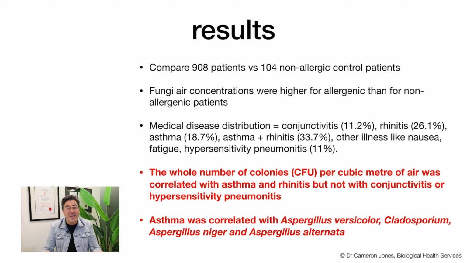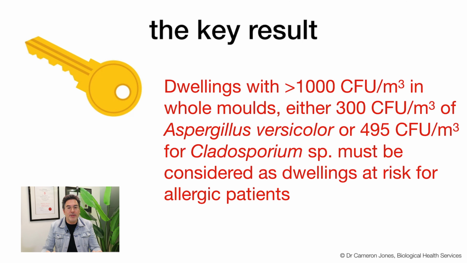So the key result, and this is again drawn from the conclusions that the French make, is that dwellings with greater than 1,000 colony forming units per cubic metre of whole mould, either Aspergillus versicolor at 300 colony forming units or Cladosporium at 495 colony forming units, must be considered as dwellings at risk for allergic patients.